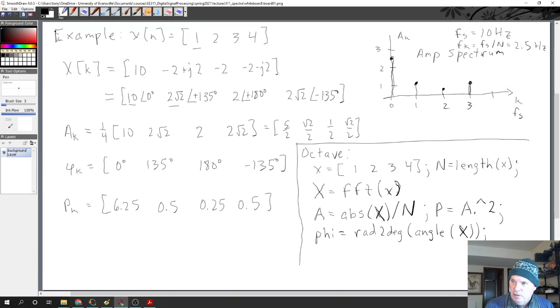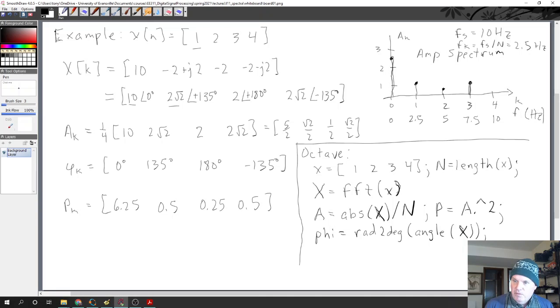So this would be frequency here. This would be f in hertz. This would be f of s, this would be 10. This would be k, this would be n. And then these would be 0, 2.5, 5 hertz, and 7.5 hertz components.